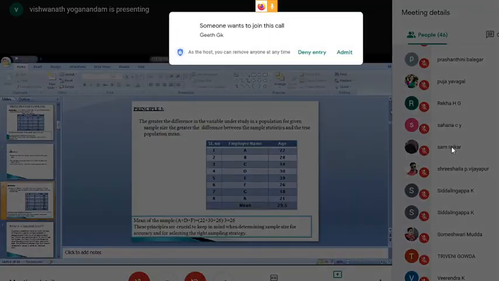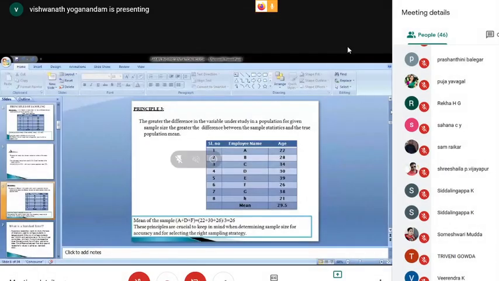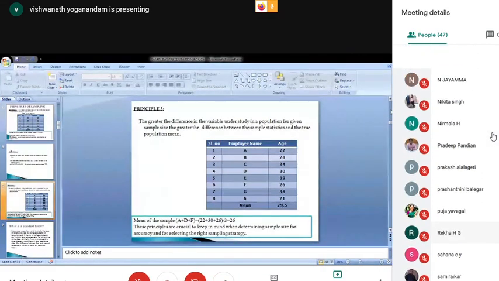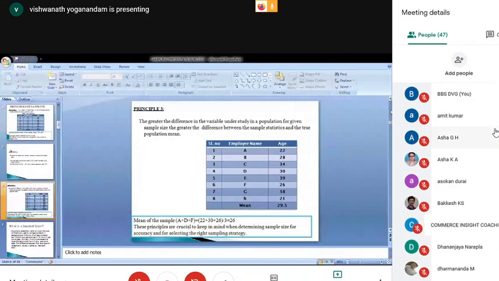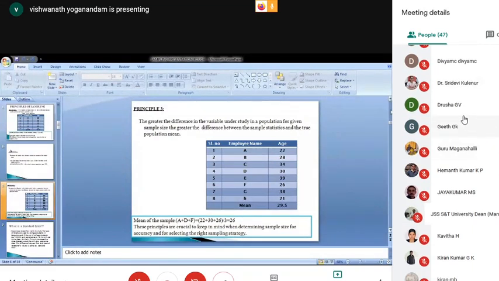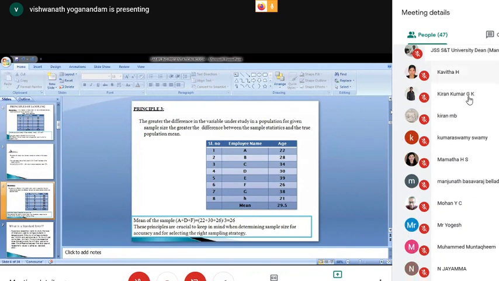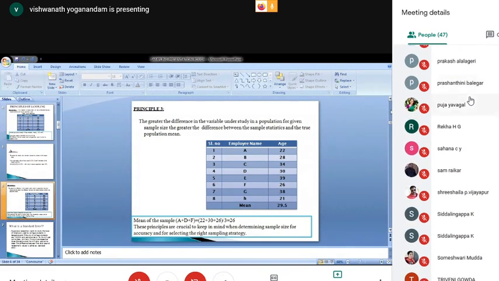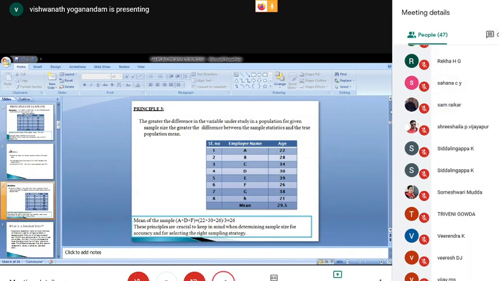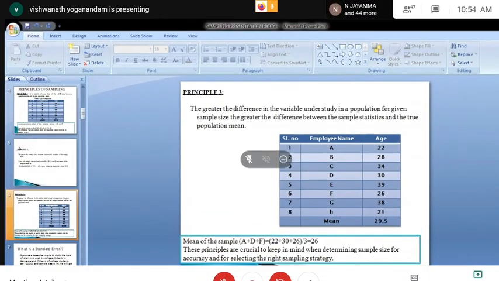See, in the earlier example, we have taken age between 22 to 28, in a narrow range, about 6 years of difference between the youngest employee and the oldest employee. But in this example, suppose you take the 8 employees age between 22 to 39. The population mean would be 29.5.